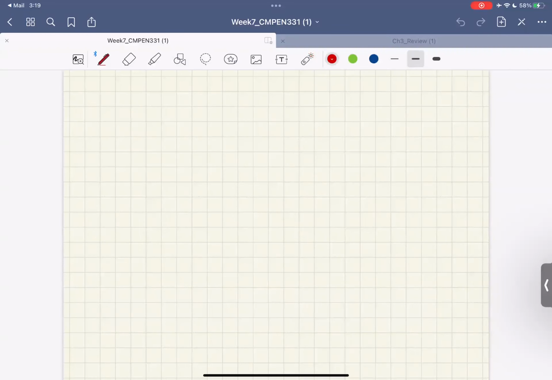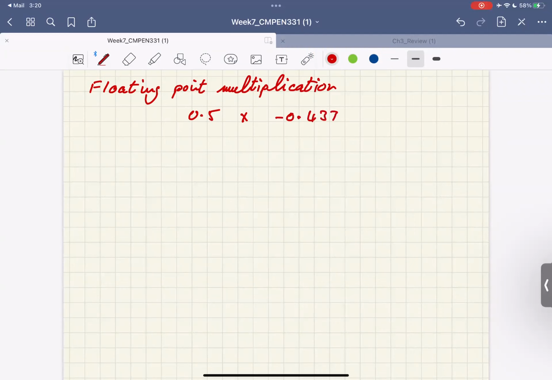So here, suppose that I would like to do a floating point multiplication. Suppose that I would like to multiply 0.5 by minus 0.4375.